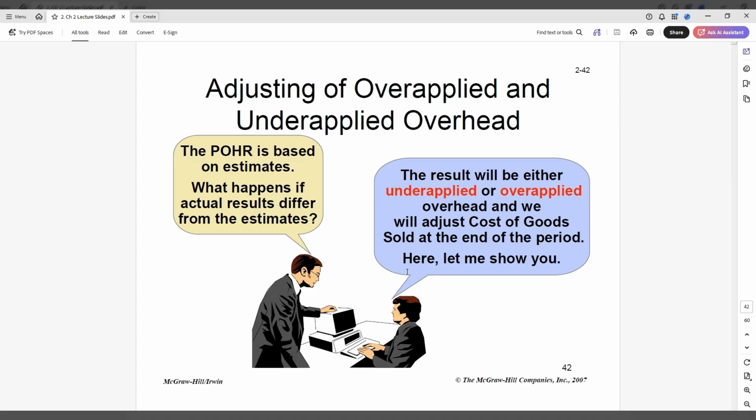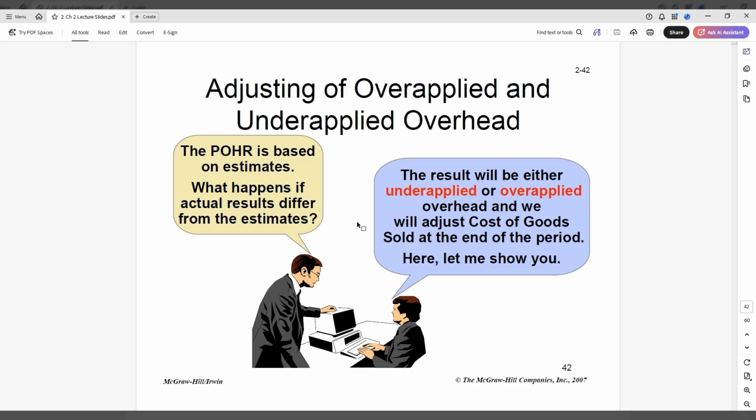So, okay. Again, the overhead rate is based on budgeted estimates. And then what happens if the actual results differ? And they will differ. I mean, this is not a what-if. It is always the case that you will never have a crystal ball that exactly budgeted the amount of overhead costs that you would incur in the following year.